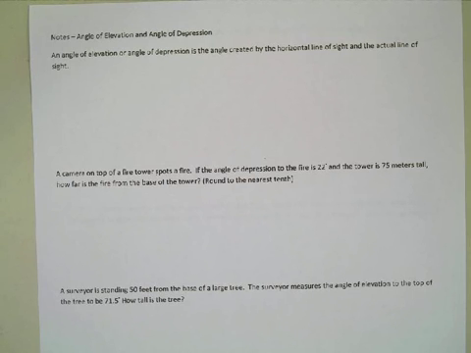Whereas if you're on top of a building, if you looked out straight, that would again be your horizontal line of sight. But if you wanted to look down at all the small people way below you, that's an angle of depression, because you're looking down from the horizontal, okay? So those are the two different things here, and we'll draw some pictures to represent that.